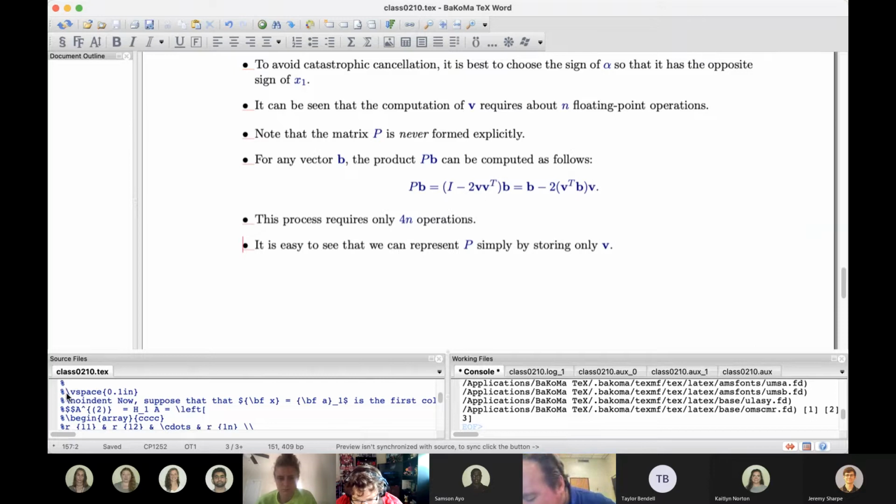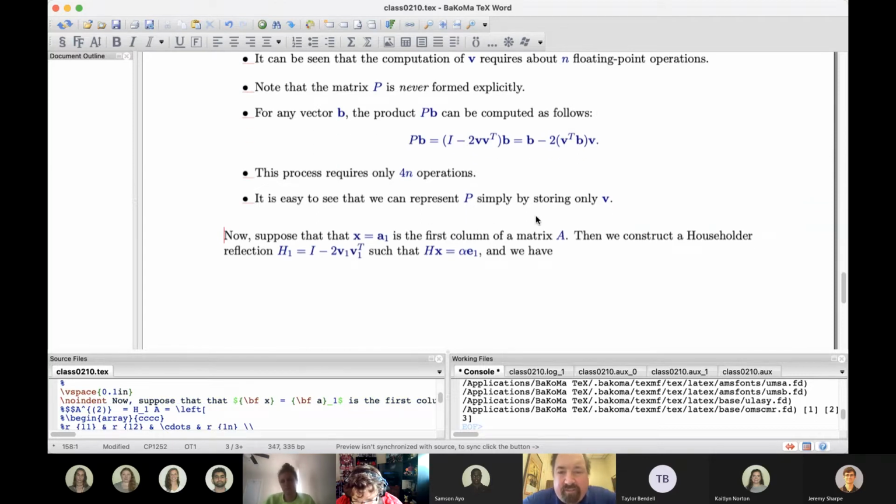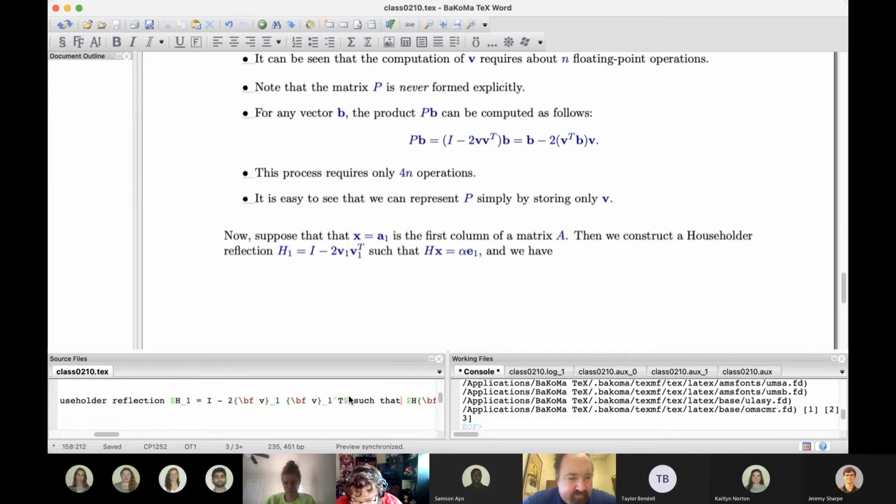So now, finally, we want to talk about QR factorization. Suppose the vector x that we're trying to zero out entries of is the first column of the matrix A. Now you can construct a Householder reflection using the procedure I described earlier, so that H applied to this first column of A zeroes out everything except the first element.